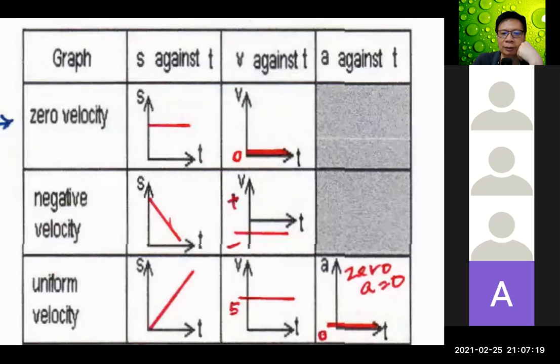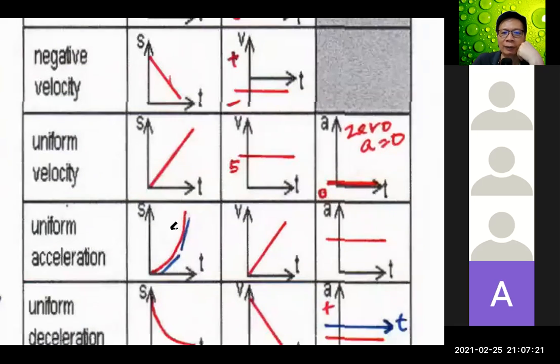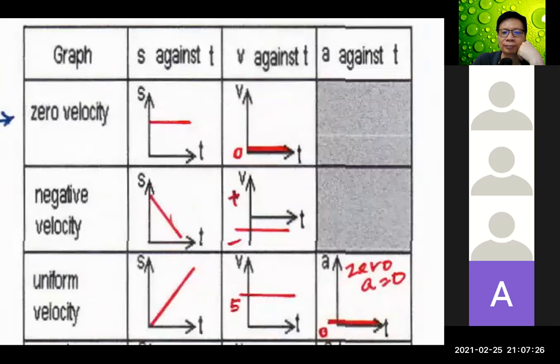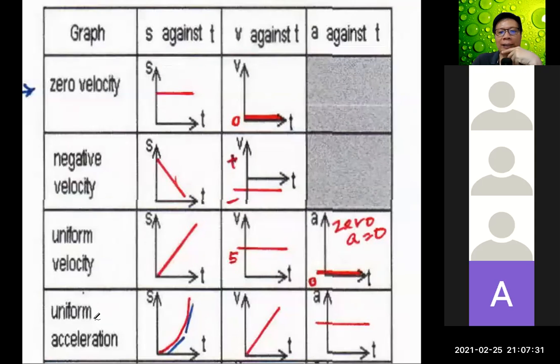Okay, next one. Uniform acceleration. I know you are all starting to get confused, but there's no choice. On this graph, it should be a curve going up. Why is a curve going up acceleration? Come, listen properly. For the displacement-time graph, we always refer to the gradient for velocity.